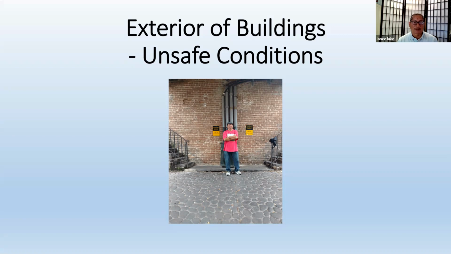But it's not safe because it's not flat. Cobblestone walkways and roads are not safe because you have all these little divots in it that could have water in it, cause you to slip, or just the fact that it's not smooth, you could not get a solid footing. Okay, so that's an unsafe condition.